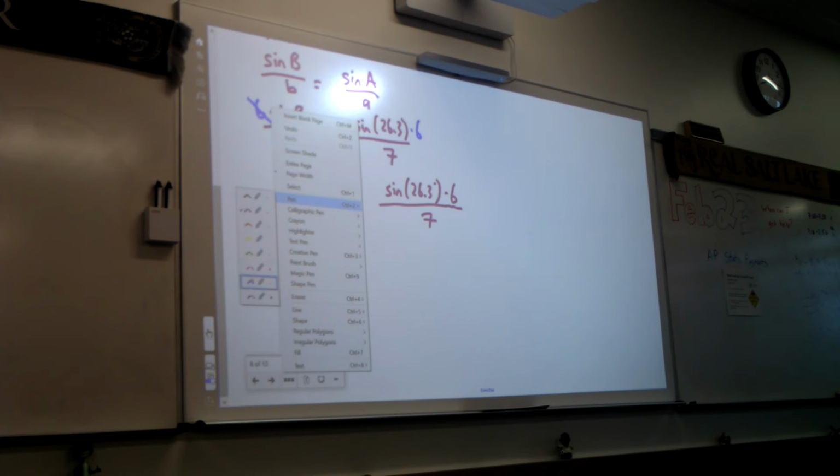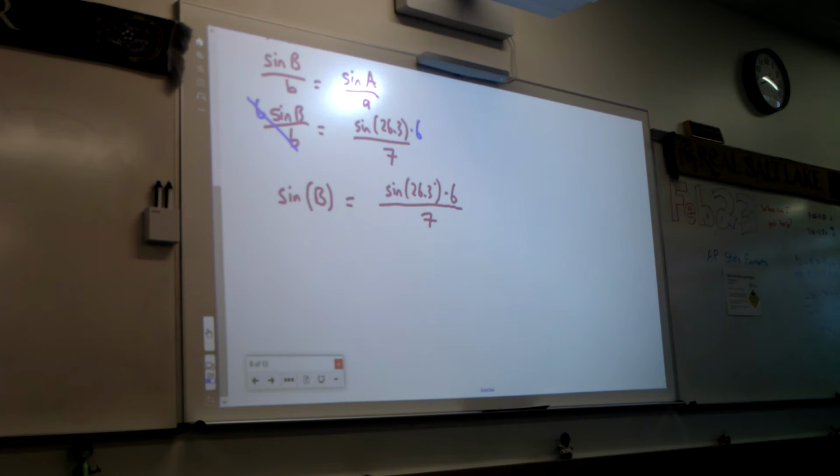So how do we undo a sine? We're going to do the arc sine, also known as the inverse sine of both sides. Good job. So when I do the inverse sine here, that's going to cross it out, leaving me with just B. But if I do that to the left side, then I also need to do it to the right side.